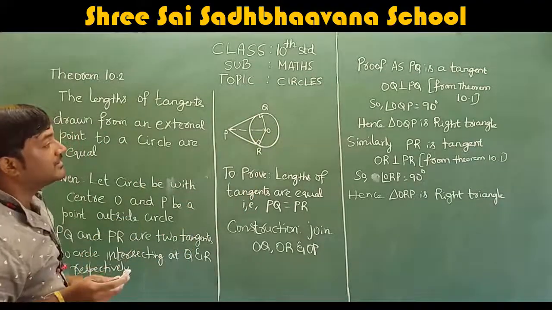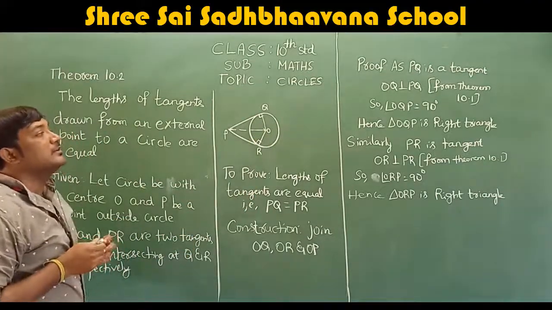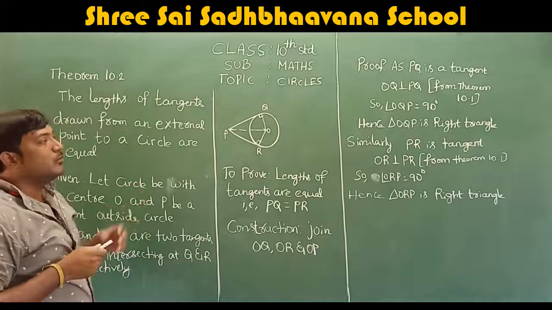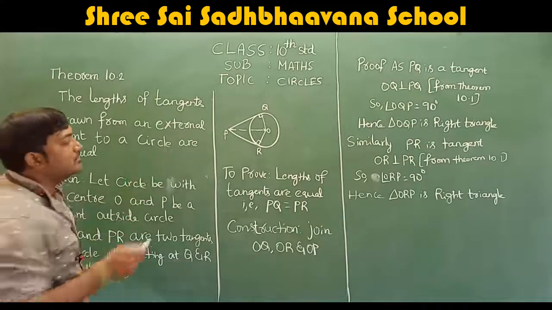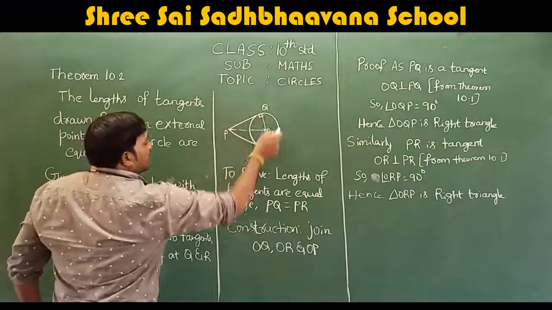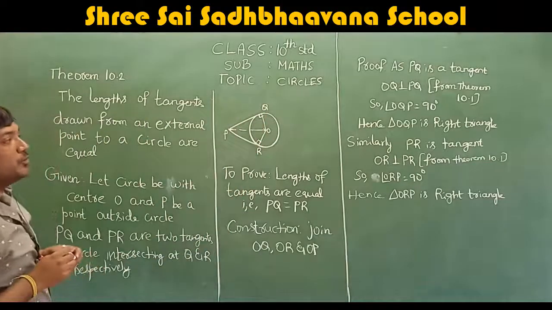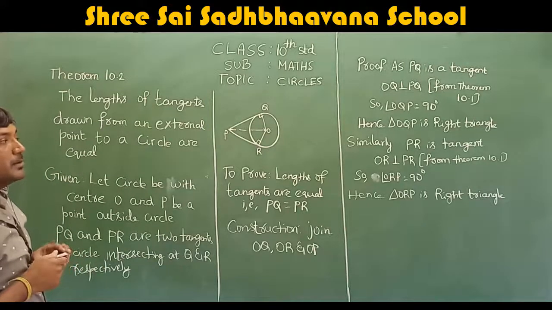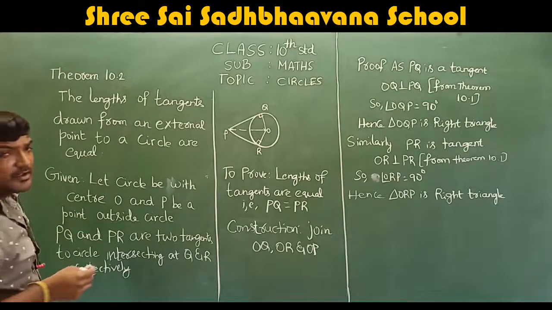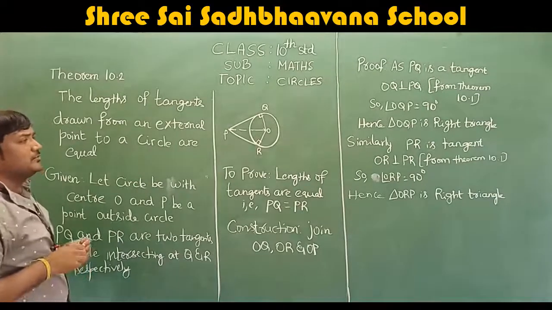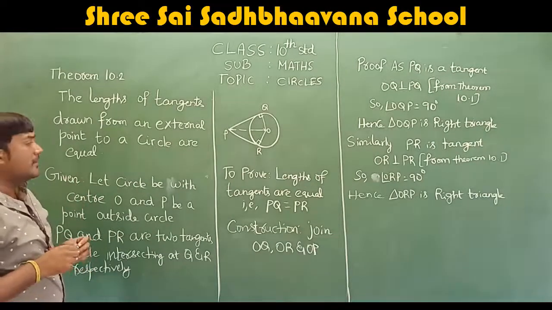The radius of the circle is perpendicular to that tangent. It means OQ is perpendicular to PQ, because PQ is the tangent for the circle, the point of contact is Q, and OQ is the radius of the circle. This was the theorem we discussed in the last class.